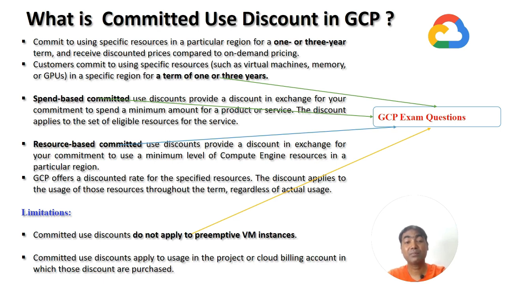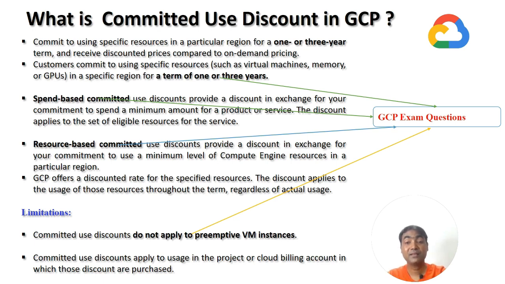The discount applies to a set of eligible resources for the service. The spend-based commitments for Compute Engine are purchased and measured in terms of dollars per hour of equivalent on-demand spend. Spend-based commitments are purchased from your Cloud Billing account.